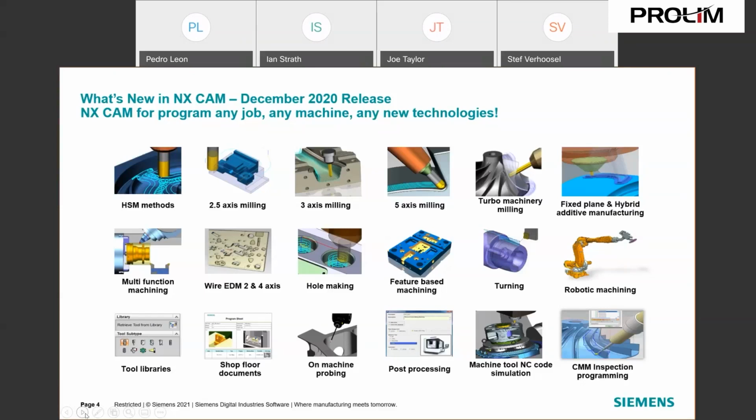This also includes measuring machines, post-processing, and integrated NC code machine tool simulation. NX is also the platform for any emerging or new technologies, such as robotics that may be used for part manufacturing processes, as well as additive manufacturing. So any new technologies that are introduced, you are in the same programming environment and platform.